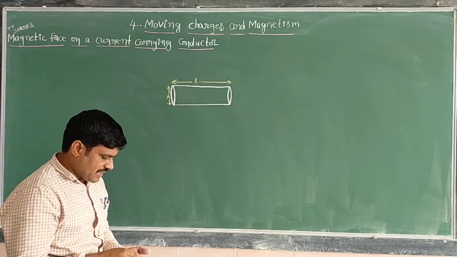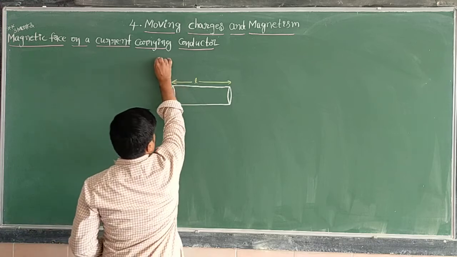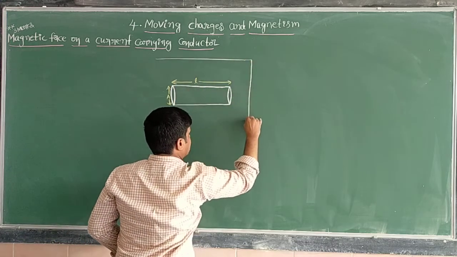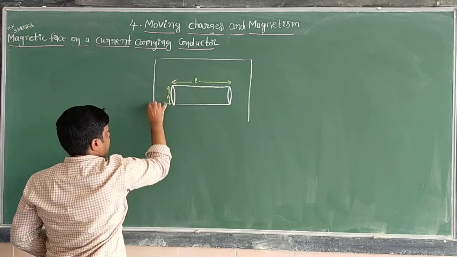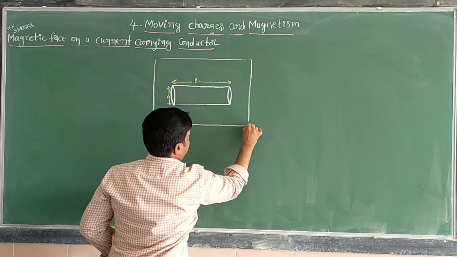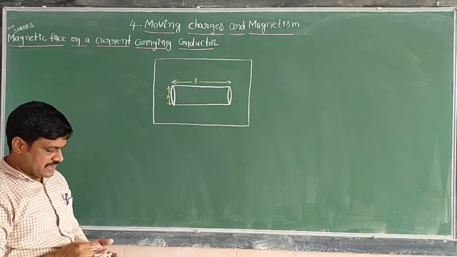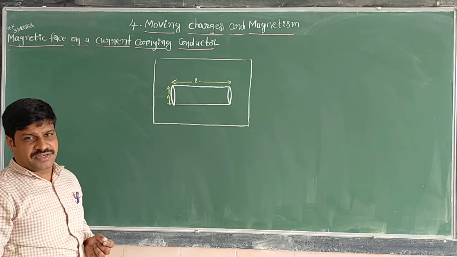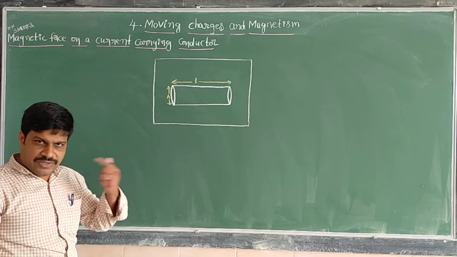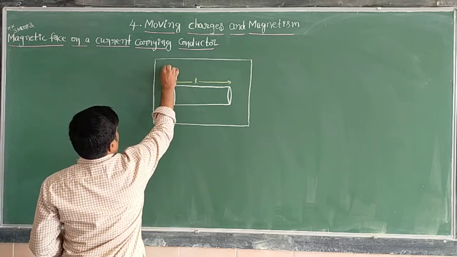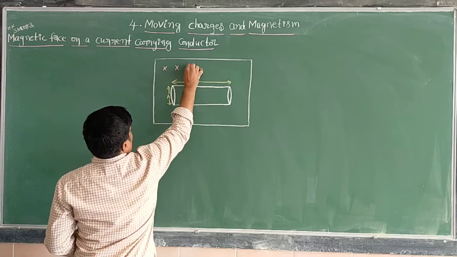Now this conductor is placed in a uniform magnetic field. What is the uniform magnetic field? Magnetic field we have to represent as inward to the board or outward to the board. Here I am showing it with a cross mark.